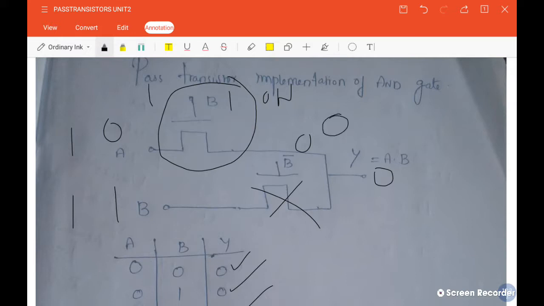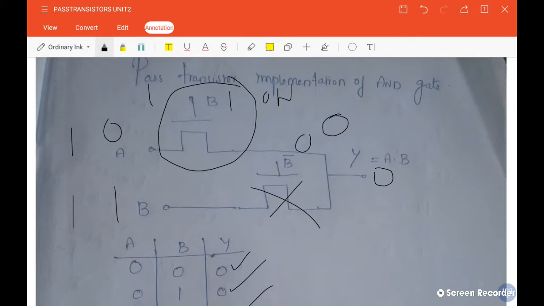So when B is equal to 1 and B bar equal to 0, obviously the NMOS with 0 gate input will be ruled out, because when you give a 0 voltage to an NMOS, it is turned off. So only the NMOS that is turned on is the first NMOS with a high gate input 1.